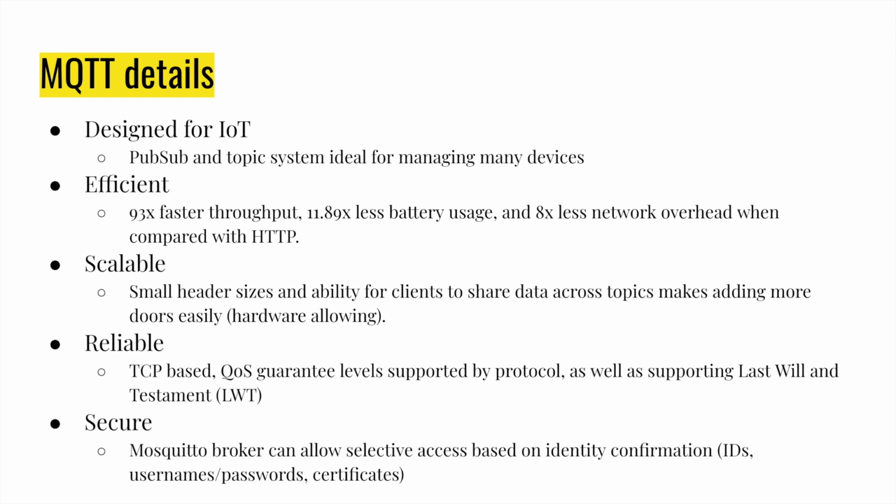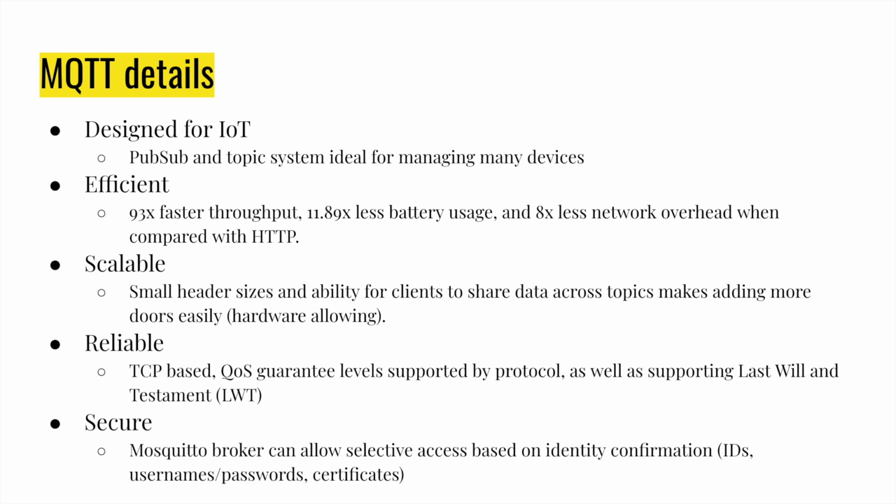Also, because it was designed for IoT, MQTT is significantly faster and more power efficient than a protocol like HTTP. And as I mentioned in the previous slide, this is great because IoT devices are often constrained by hardware limitations. Additionally, the small header size and topic sharing improve scalability.